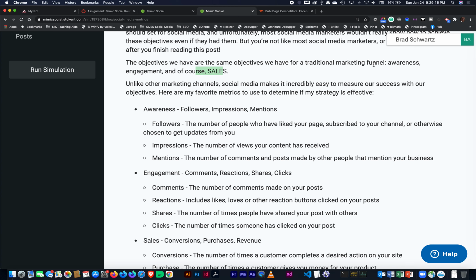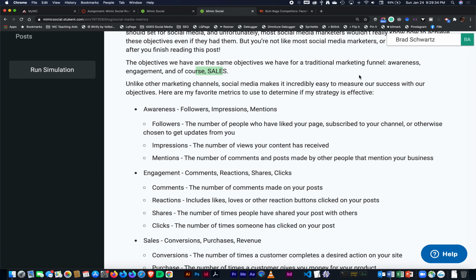So it's wide at the top and narrow at the bottom. So we get a lot of people aware of the brand, and then we start to lose people as they start to engage. And then we lose even more because not everybody's just going to instantly buy the product. So that's why they call it a funnel.